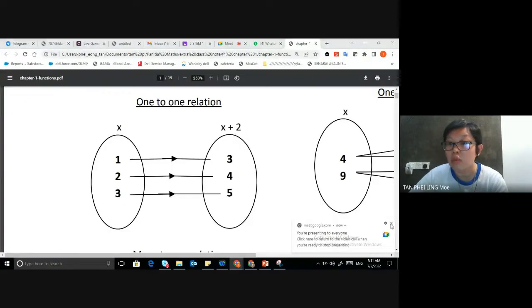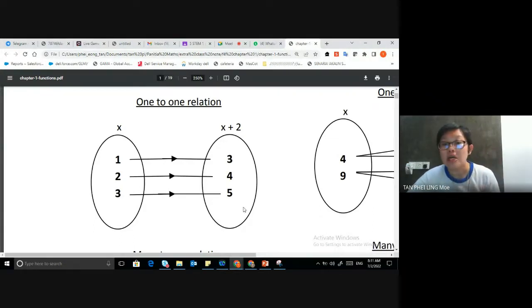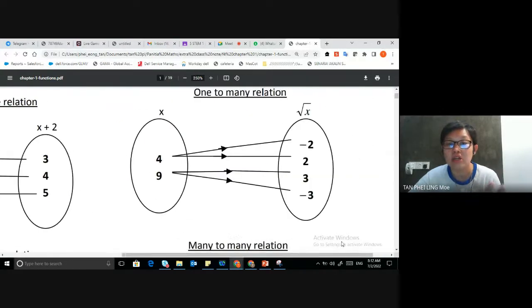Now when you're talking about relation, it is not yet function, because relation can be 4 types. Only 2 types are functions. So now we start from the very beginning to recall relation first. You have one-to-one, and then you have one-to-many.